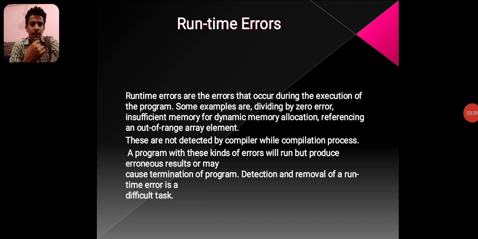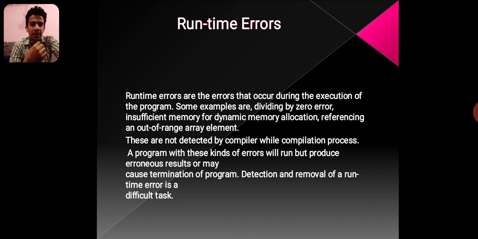Runtime errors are the errors that occur during the execution of the program. Some examples are divide by zero error, insufficient memory for dynamic memory allocation, and out of range array element.